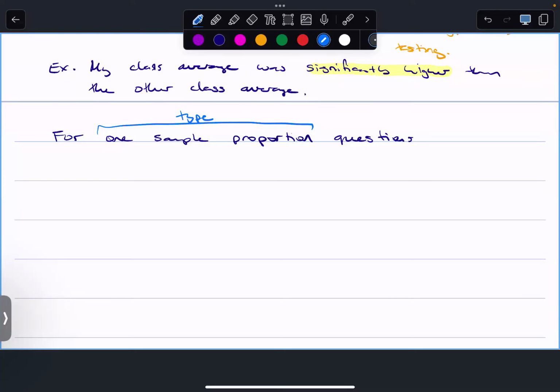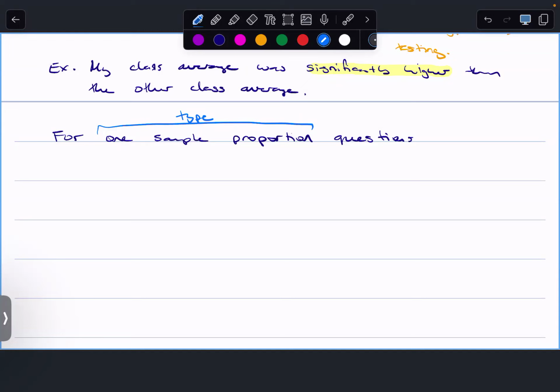So this is the type. We have only introduced one type of question. But for one sample proportion questions, I'm going to have some sample proportion, of course, and I want to compare it to some number.